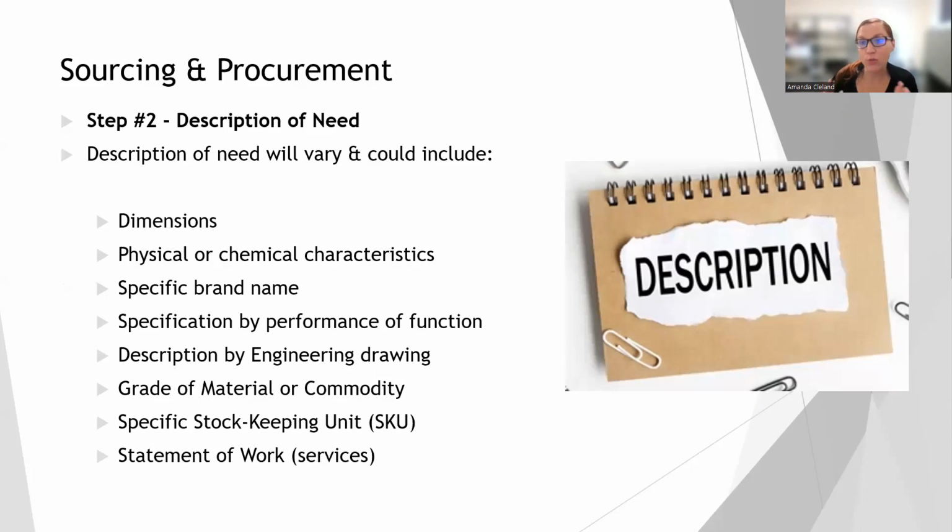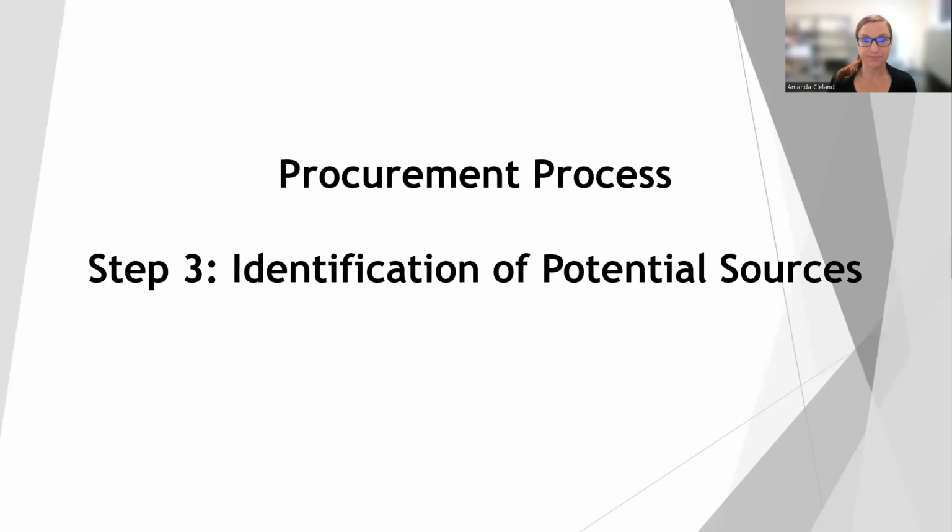It could be a grade of material. It could be a specific stock keeping unit or SKU. It could be a statement of work or SOW for services. So it's really going to vary based on what we actually need to buy, but we've got to provide a good quality description so our suppliers can understand what we want and they can provide that to us.